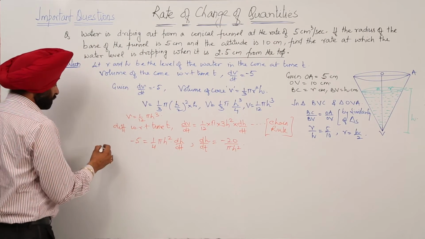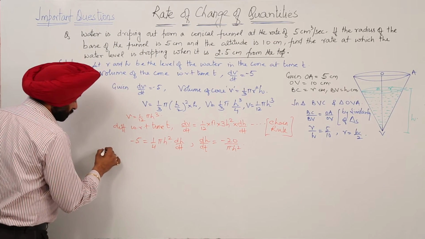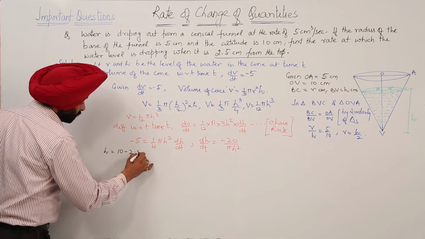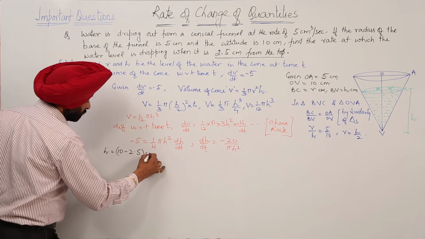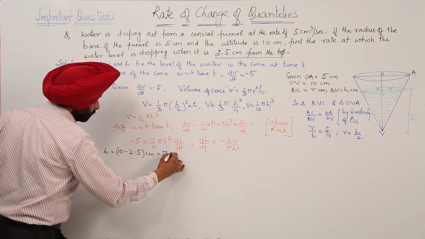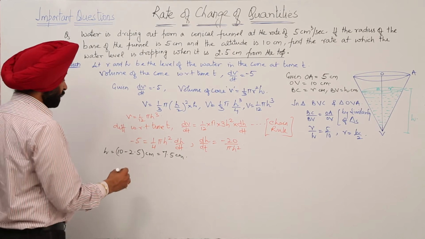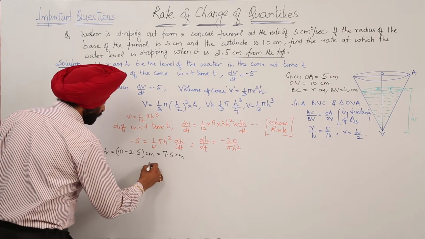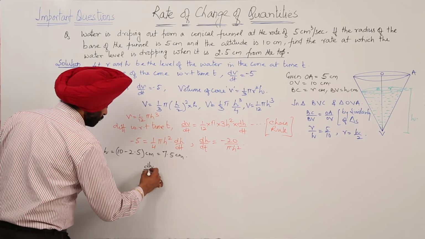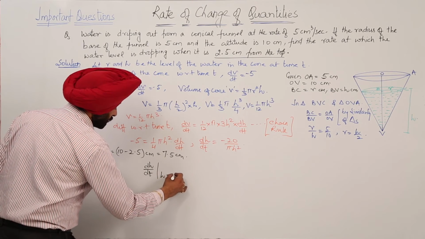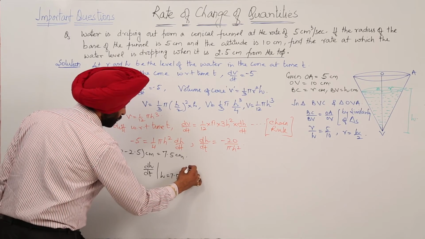Now small h is equal to 10 minus 2.5 centimeter. This is equal to 7.5 centimeter. Okay. Now dH by dt at h is equal to 7.5 centimeter.